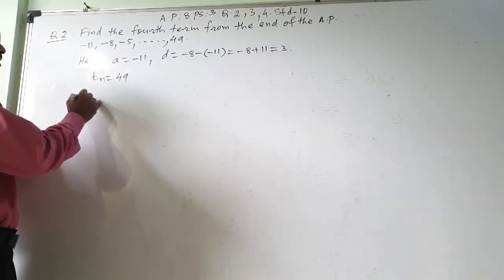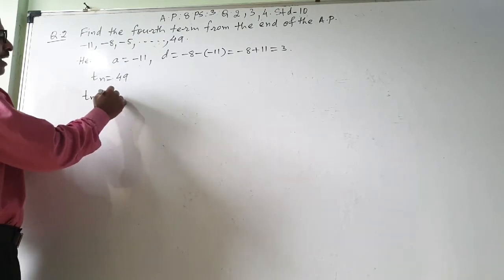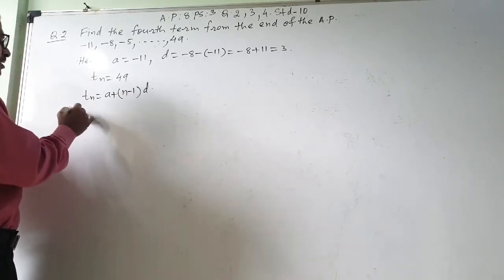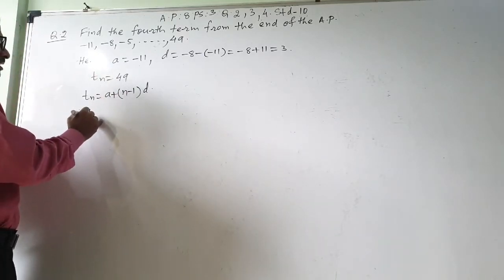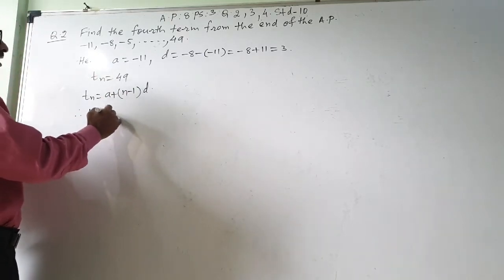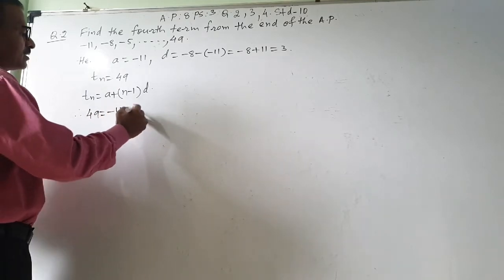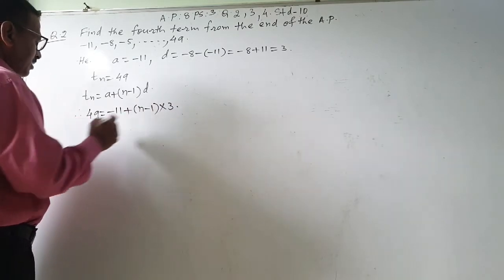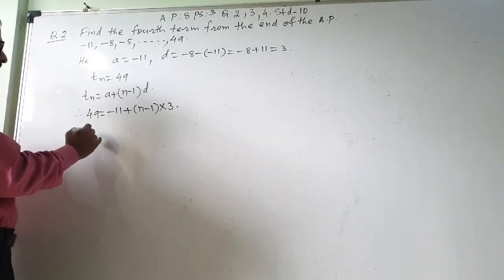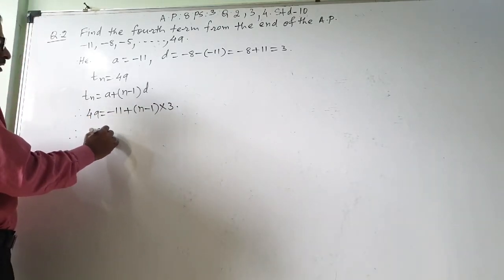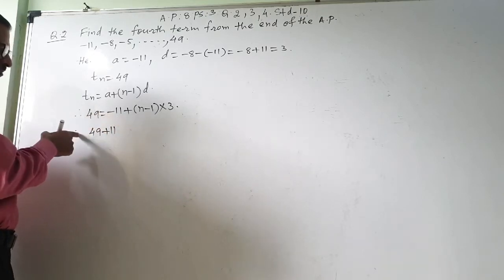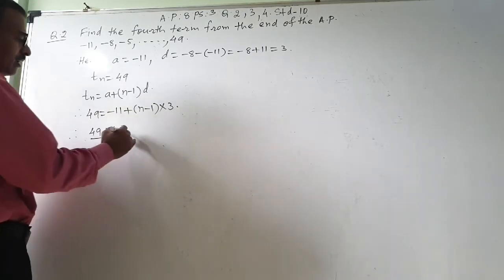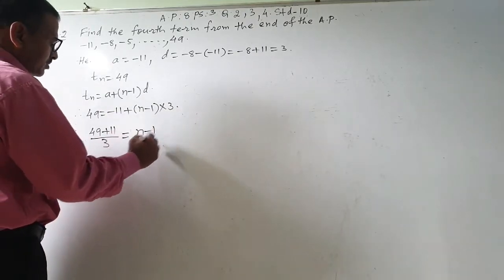Tn is equal to a plus n minus 1 into d. This is the formula. Since Tn is 49, I will write 49 is equal to a, which is minus 11, plus n minus 1 into d, which is 3. Therefore 49 plus 11, divided by 3, and here it will remain n minus 1.